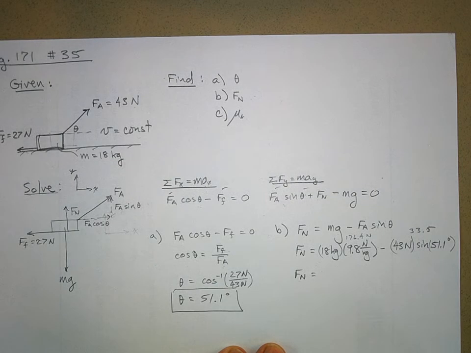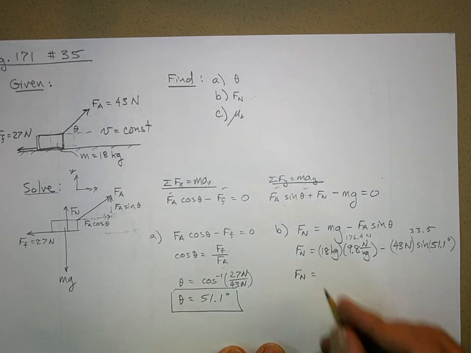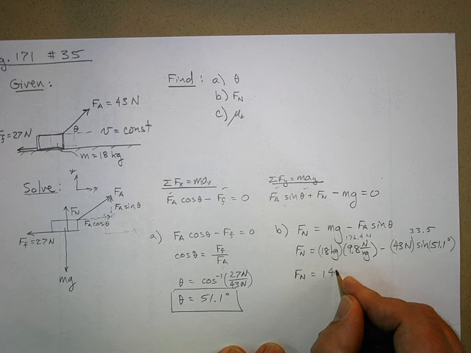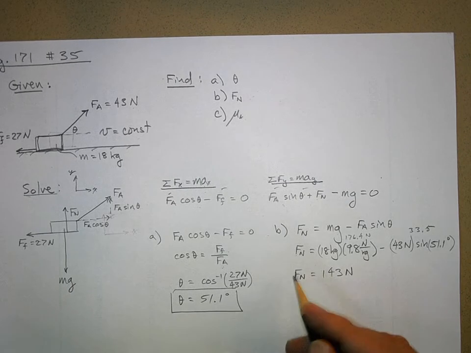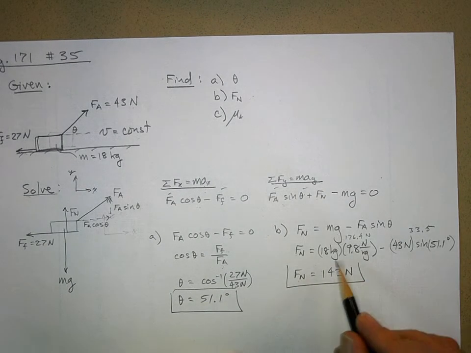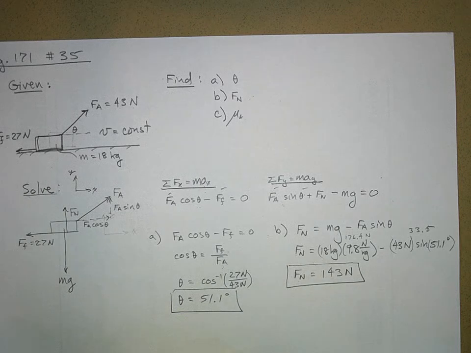So 176.4 minus 33.5 equals 142.9, or 143 newtons. Yeah, I don't know what I did wrong. First time I did it, it gave me some crazy big number.